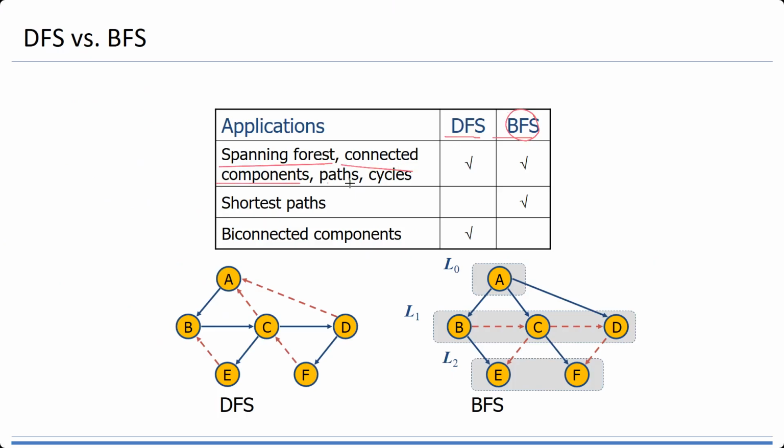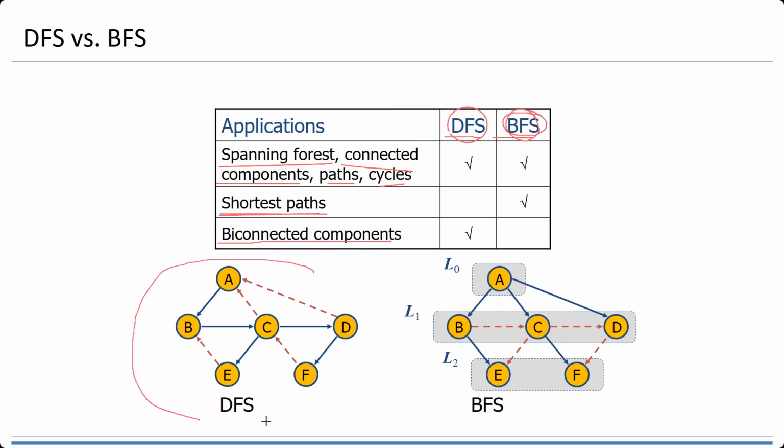And both of them are also good at finding paths and cycles. But if you want to find the shortest path, usually you will use BFS. And if you are finding the bi-connected components, usually you are going to use DFS. So in the next section, we are going to discuss the shortest paths.